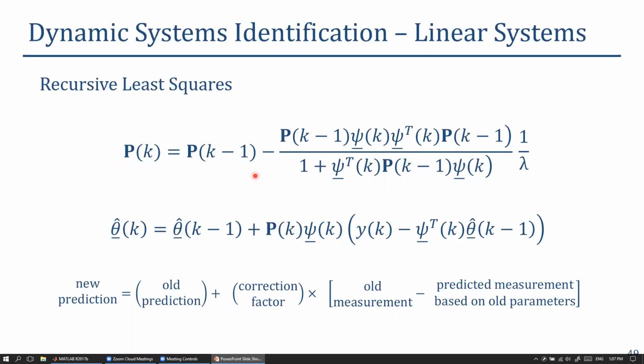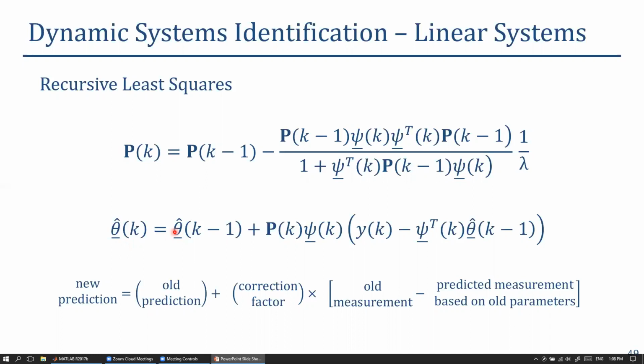It's the matrix P from the previous sample, minus another term which involves the previous matrix P and the new data point. You see, this is hidden in this product here. And then once we calculate the matrix P for the new data point that has just arrived, we can calculate the new updated parameter vector theta.